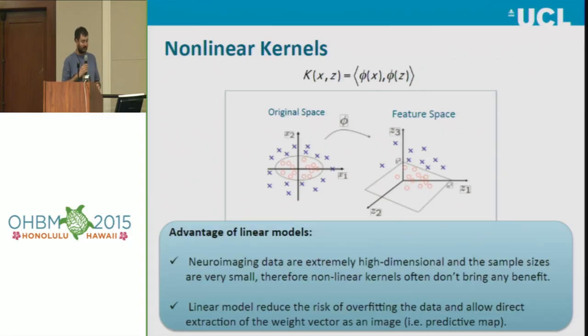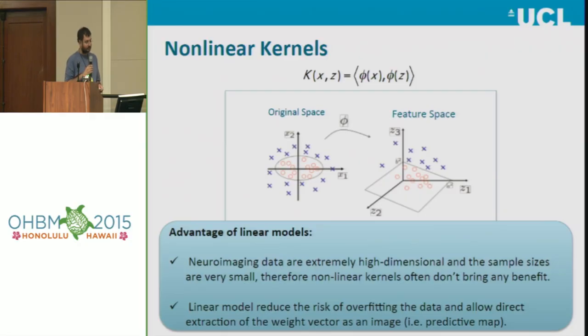We've also got very small sample sizes. If you're lucky and you've got clinical data, if you've got over 100, you're doing quite well. This is compared to perhaps tens or hundreds of thousands of voxels. So using a linear kernel is a far safer option.